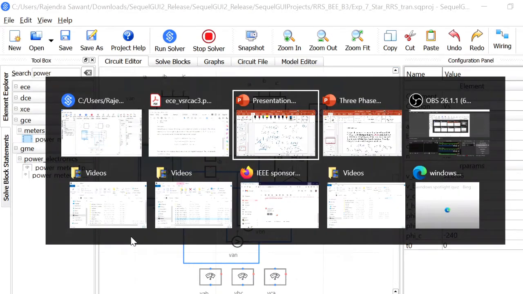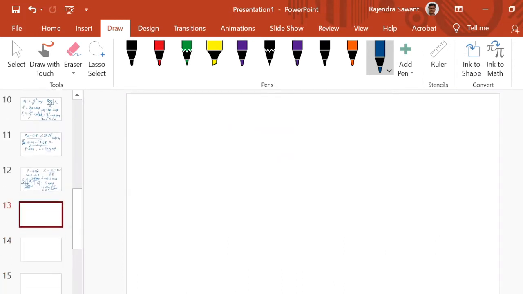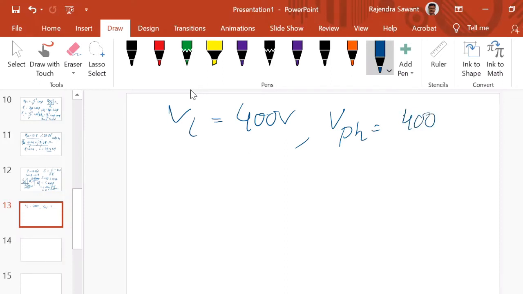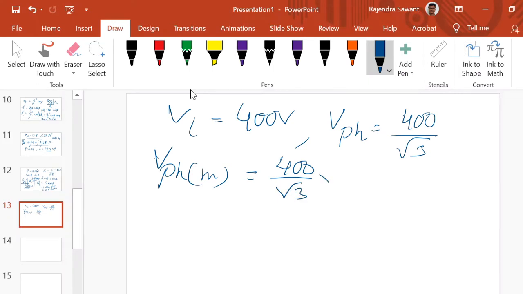So VL equals 400 volts, which is given to us, and the phase voltage is equal to 400 by root 3. Then we want to know the maximum value of this phase voltage. This is 400 divided by root 3 into root 2, which comes to 326.6 volts.